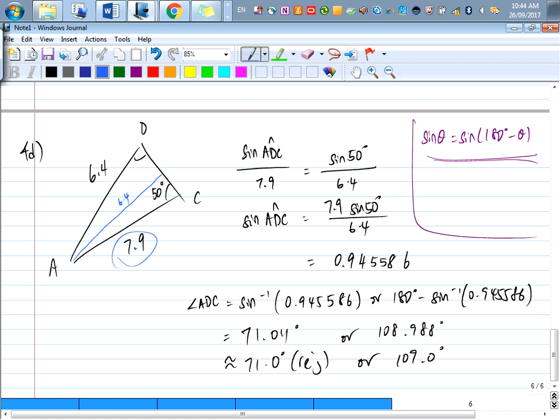There are 2 possible lines that you can draw from A, 6.4 units, and another one from A to this point, 6.4, such that this angle is still 50 degrees, and this one is still 7.9, meaning you have 2 possible angles over here, one obtuse angle and one acute angle.